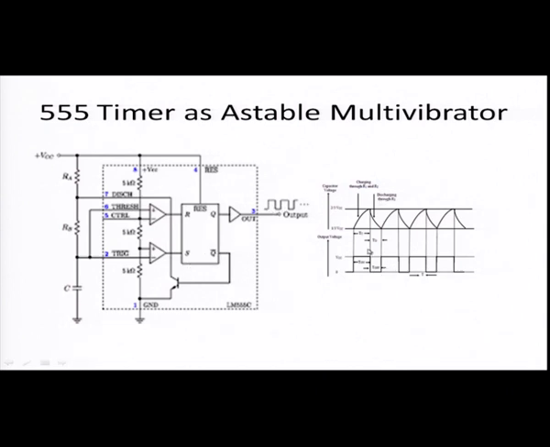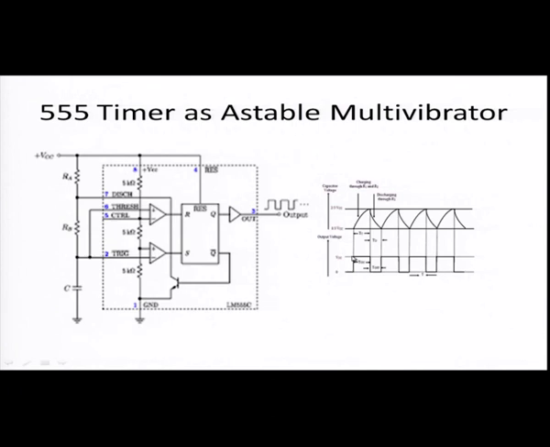So, in this way, the capacitor charges and discharges between 1/3 VCC and 2/3 VCC, and the output will have a higher potential, or you can say this is VCC, and you have a T high and T low. So, a series of pulses is present at the output. Without any input, the output will have a series of pulses.